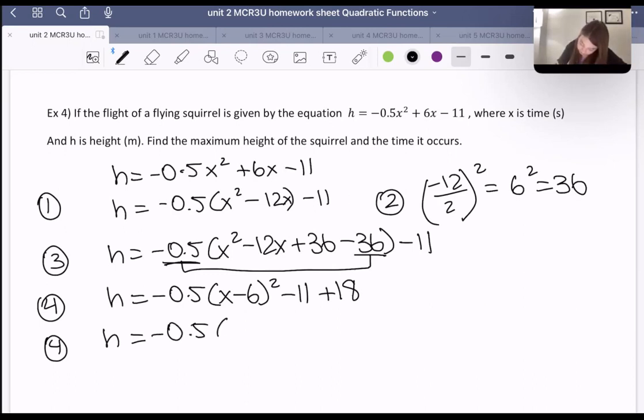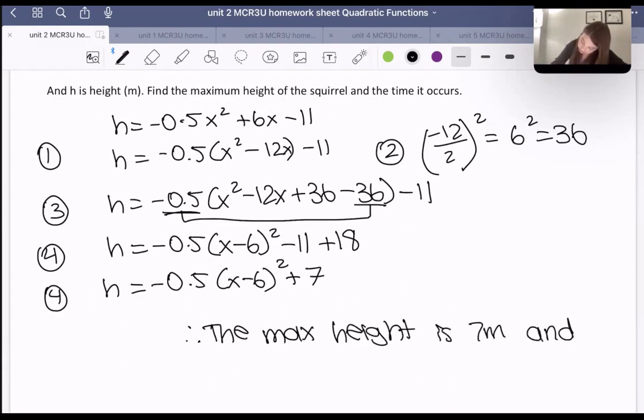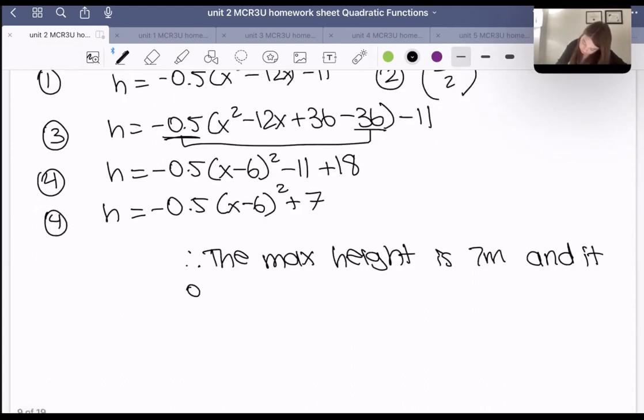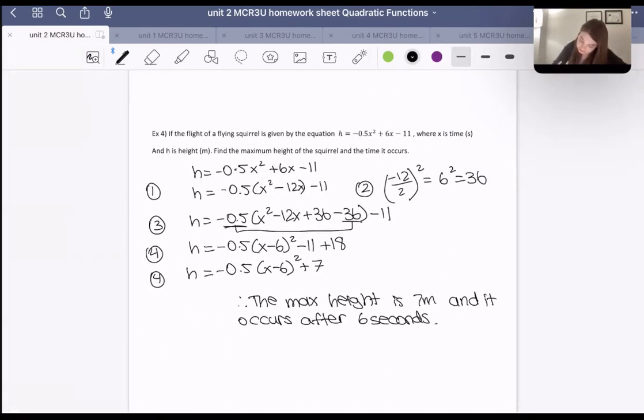So I'm going to do another step for step 4 and actually combine them and get 7. Good. So therefore, the maximum height is 7 meters, and it occurs after 6, positive 6 by the way, seconds. And there's our answer. Very good.